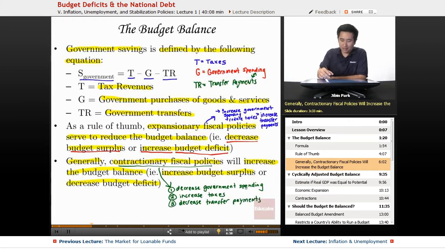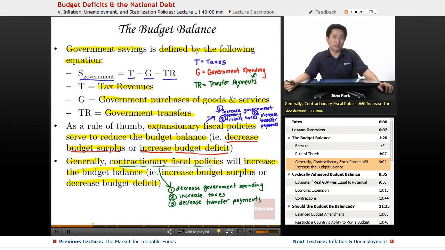Now, if you look at these different things in terms of increasing government spending, reducing taxes, and increasing transfer payments, if you look at this from a political perspective, it's pretty clear that what I wrote here in blue, expansionary policies, that's what's going to be very politically popular.